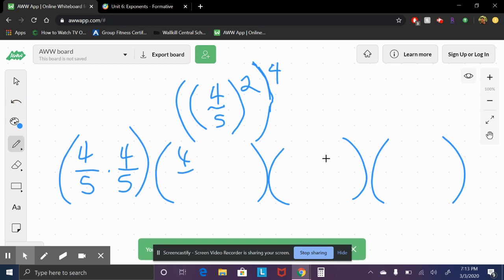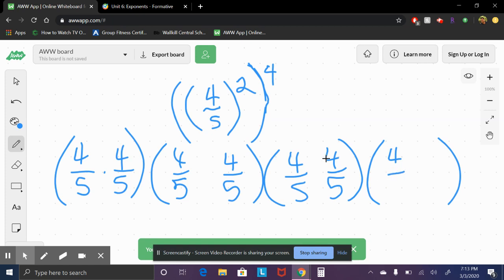Let me write a little neater here. Sorry that my 5's look like S's. So I count up the number of 4's up top. There are 1, 2, 3, 4, 5, 6, 7, 8.